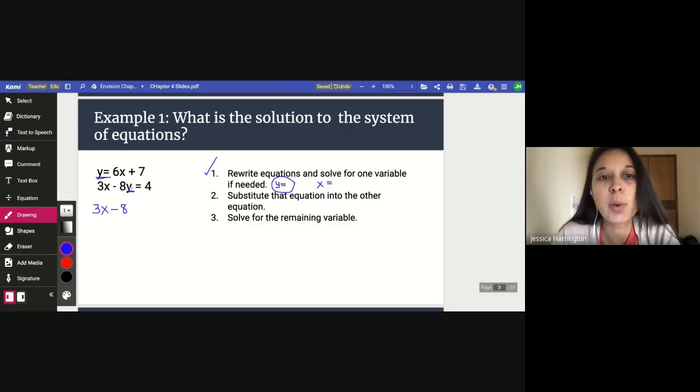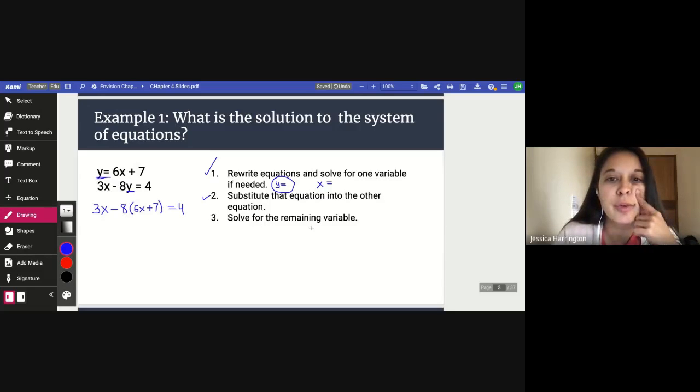And now instead of writing y, I'm going to substitute all of this in. So I'm going to write 6 times x plus 7, because that's what I'm substituting in for y, and it still equals 4. So step 2 is done.